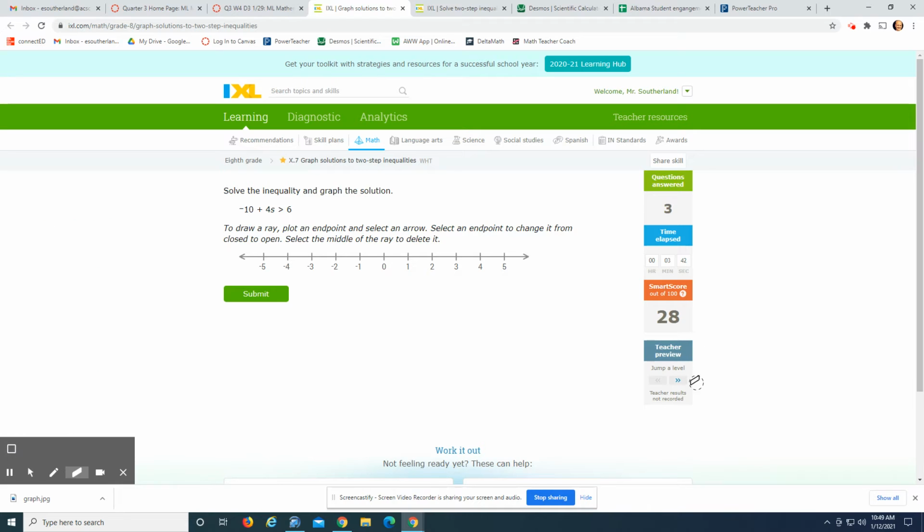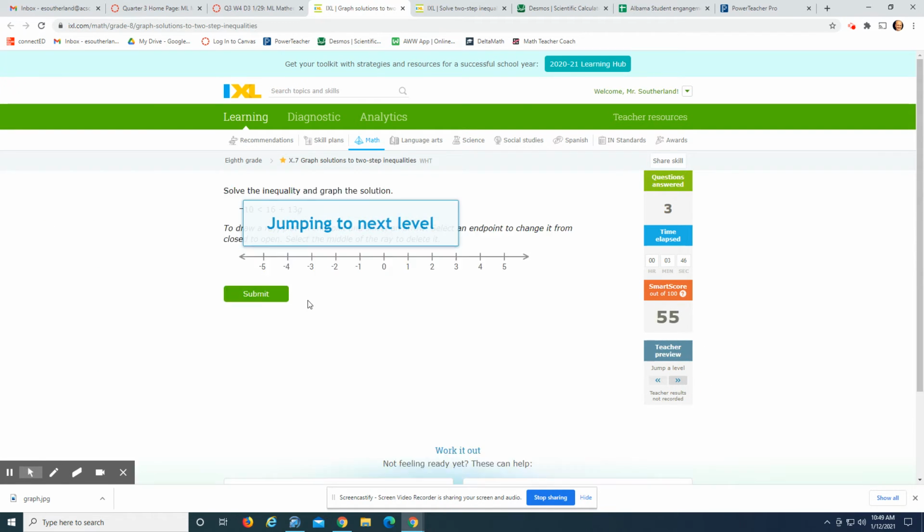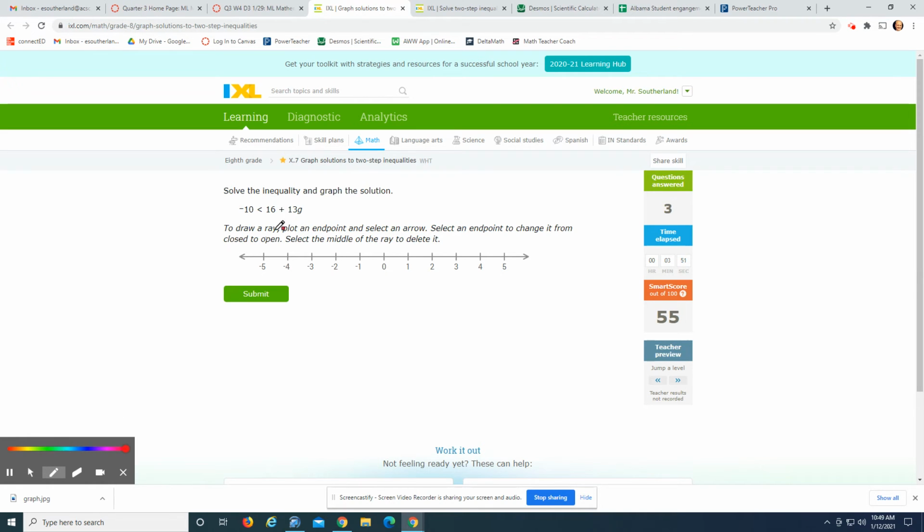We're going to jump a level and see if we can make the problems get a little bit harder. So this is a similar problem. The only difference is we want to flip it. So I want to move this stuff to the left. So I'm going to write 16 plus 13g, and then because I flipped the problem, I'm going to flip the sign.